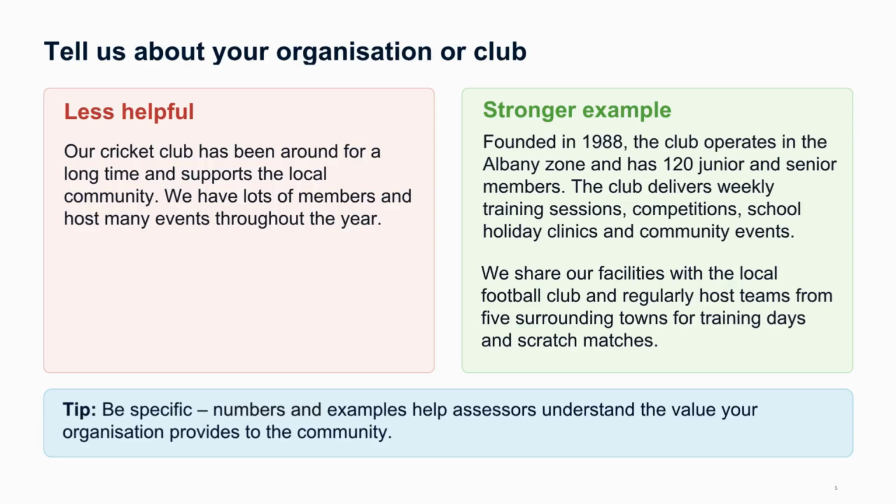It might also mention sharing facilities with the local football club and hosting team events in surrounding towns. The tip: numbers and real examples help assessors understand the value you bring to your community.